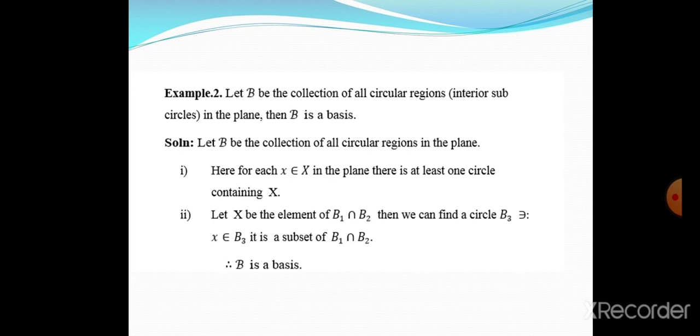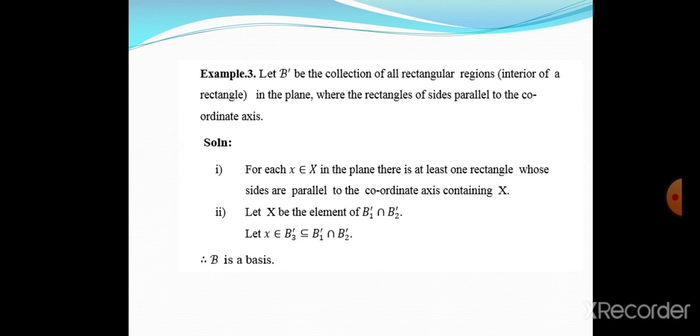Then we can find a circle B3 such that x belongs to B3 and B3 is a subset of B1 intersection B2. This is the second condition of a basis. Therefore, since these two conditions are satisfied, script B is a basis.